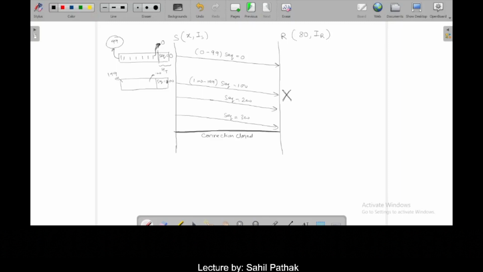Later on, assume that just after some time, it is having the same IP address, and it again wants to send some data, and if we again start the sequence number from 0, the previous connection was closed.